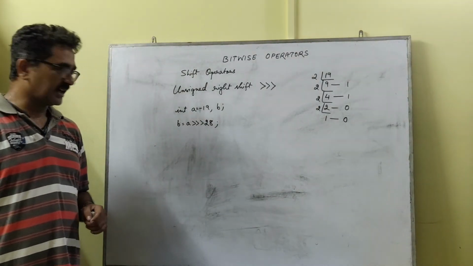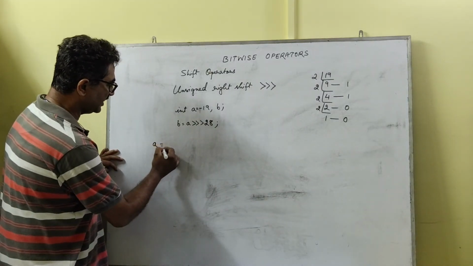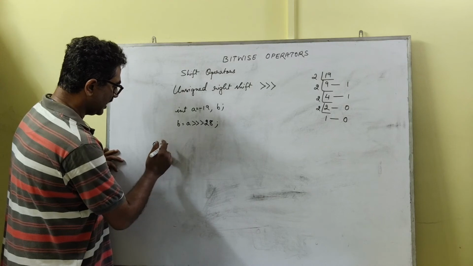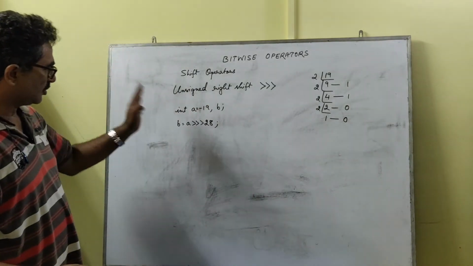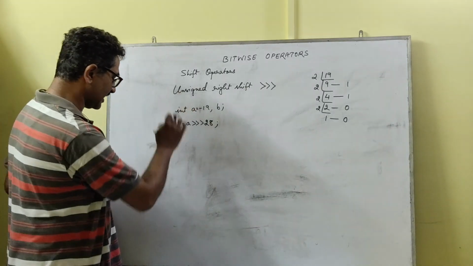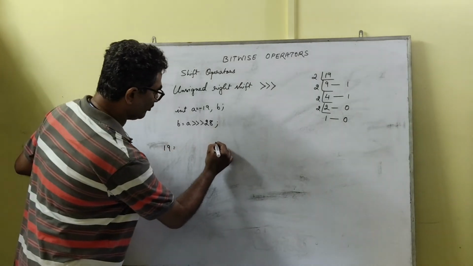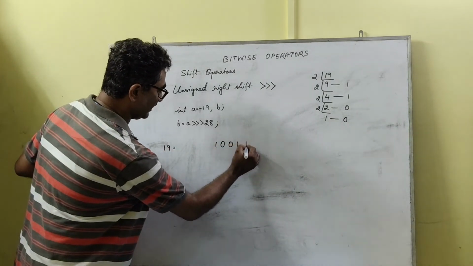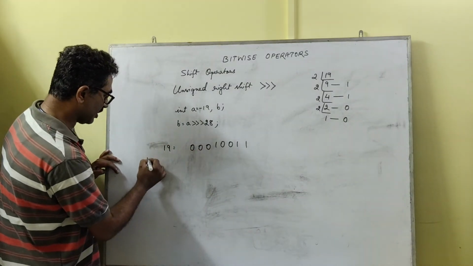Now this time I have taken a negative number, that is minus 19, and here we have A equal to minus 19. So first of all, we'll use 2's complement to know the representation of it inside the variable A. So here we have 19, which happens to be 10011. So we'll use 2's complement.